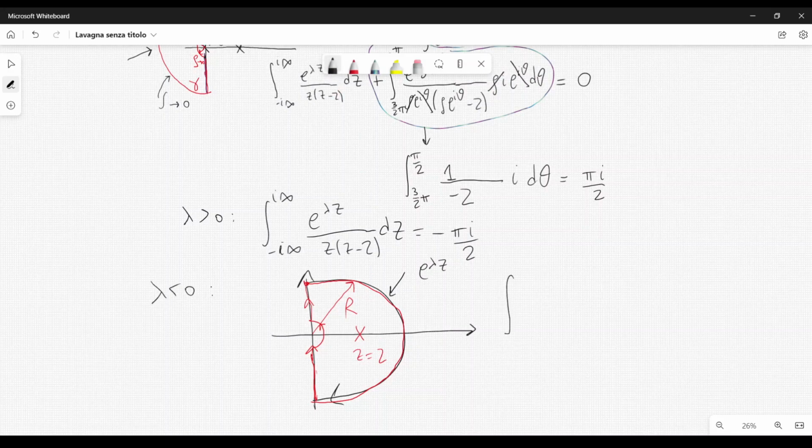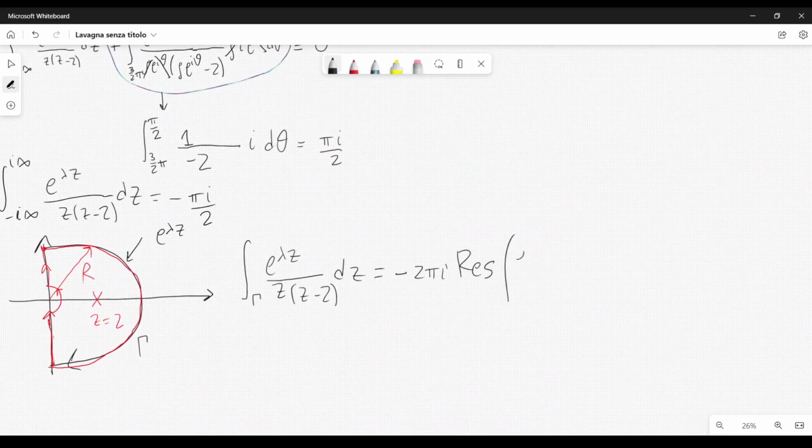Therefore, the integral along this contour, that I will call capital gamma, of the function e to the lambda z divided by z times z minus 2 dz will be equal to, according to the residue theorem, minus, and this minus comes from the fact that we are traveling this contour clockwise, 2 pi I times the residue of the function e to the lambda z divided by z minus 2, and we have to calculate this residue at z equal to 2.